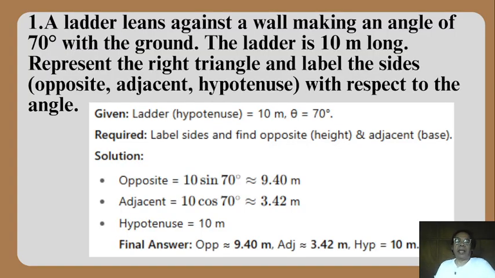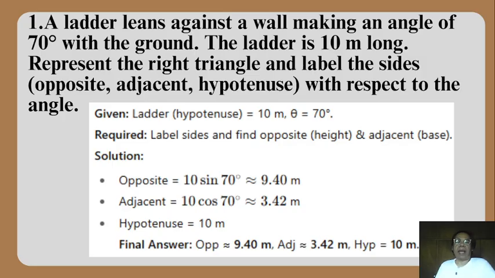And to determine the adjacent side, we are going to use the cosine of angle 70 degrees, which is equal to adjacent over hypotenuse. From that formula, we can get the adjacent side is equal to 10 meters multiplied by cosine of 70 degrees, which is equal to 3.42 meters.